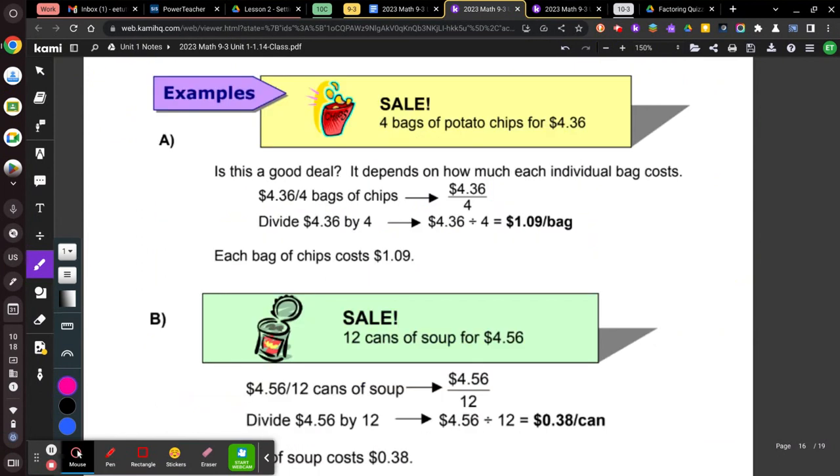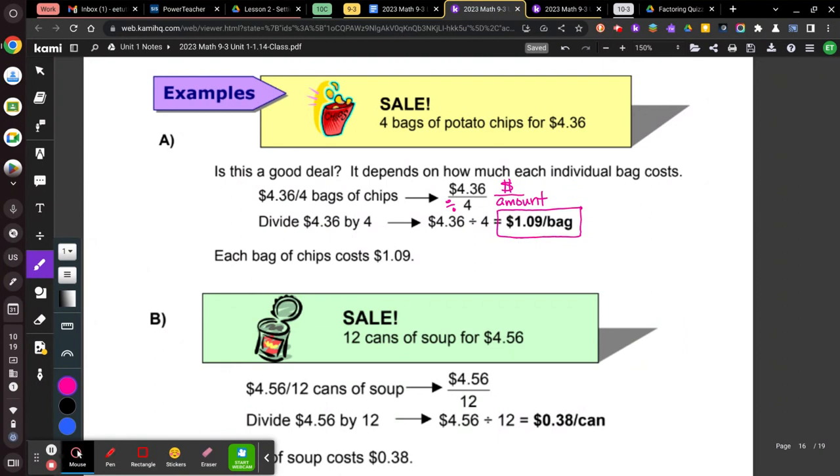Okay, on the next page it says we have an example. We have a sale, 4 bags of potato chips for $4.36. So again, we put the money on top of amount. And that fraction line means divide. So you're going to divide by 4. That gives us an answer of $1.09 per bag.